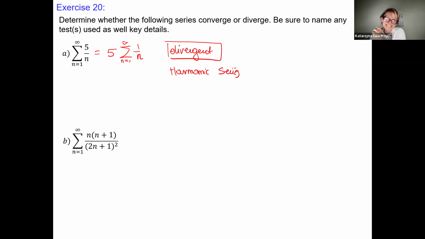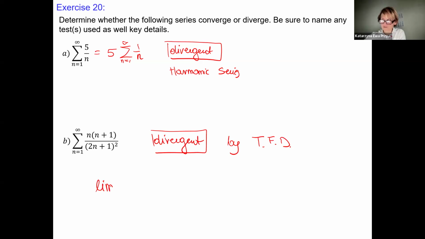Okay, what about this one? B, convergent or divergent? Divergent. Why? Divergent, beautiful, by test for divergence.